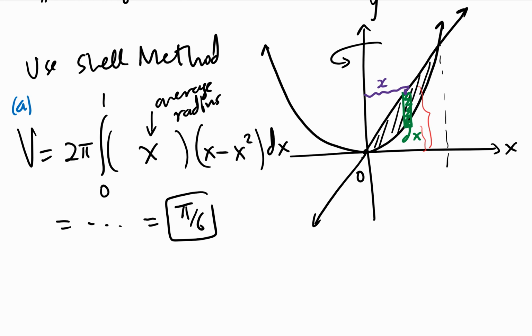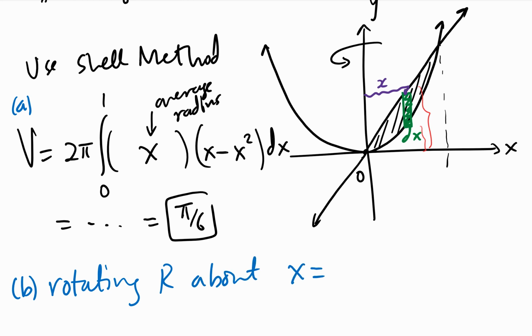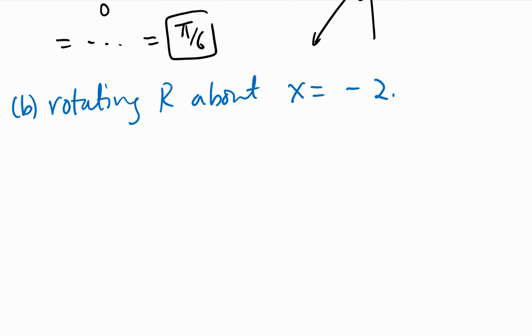Let's take the same problem, just add something. If we are rotating region R about a different axis, instead of the y-axis, say x equals -2, try to set it up using both washer and shell methods. So I'm gonna redraw the diagram again.